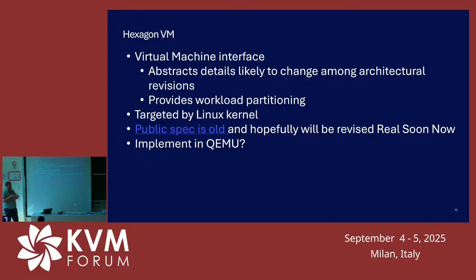So to save the OS kernel from having to worry about that, these details have been abstracted into a virtual machine, and the specification is published, but it is a little bit old, and we expect it to be updated again real soon now.